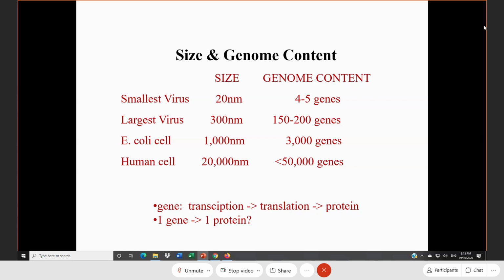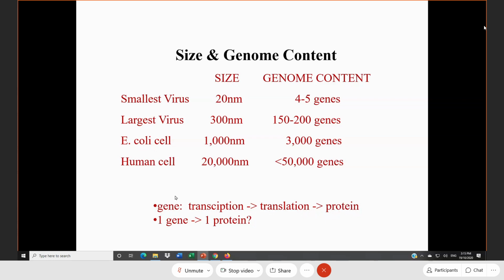You can say convert, but the actual thing is there is no conversion. Transcription and translation are the mode for production of protein. Transcription gives mRNA, then translation produces protein. This is what the virus is doing.